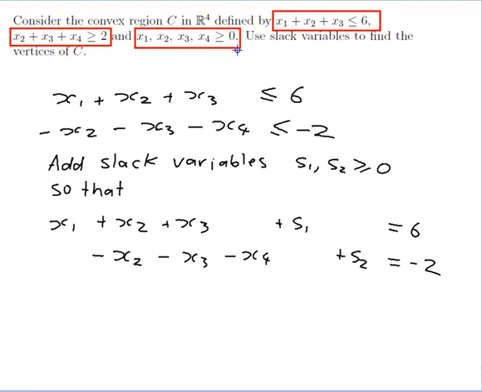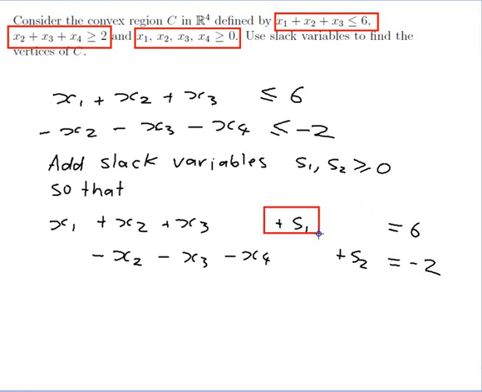Well, how do I tell if a point is on the edge? Well, for these 4 here, I would tell if x1, x2, x3 or x4 were equal to 0. And for this one here, I would tell if it was equal to 2. And for this one here, I would tell if it was equal to 6. But let's have a look down at my equations.